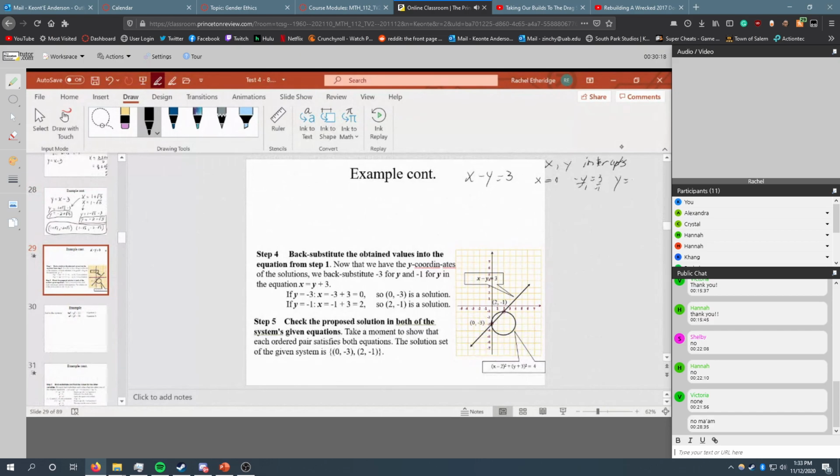So I get y equals negative 3. So the y-intercept is 0, negative 3. Then if I set y equals 0, I just get x minus 0 equals 3. So I just get x equals 3. So 3, 0 would be my x-intercept. So you would graph the x-intercept and the y-intercept and draw a line through it.